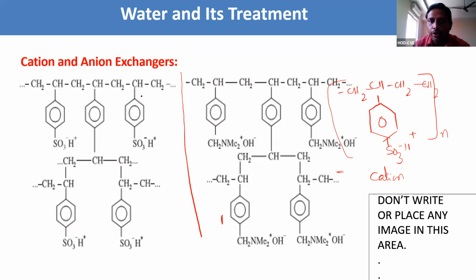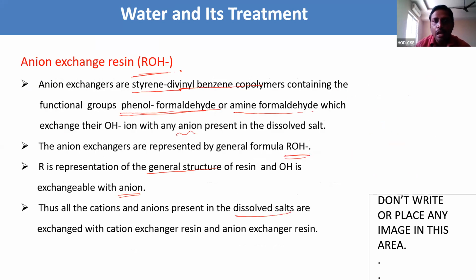Coming to the anion exchange resin, here it is also phenol formaldehyde. Styrene divinyl benzene containing phenyl formaldehyde or amine formaldehyde functional groups exchanges their OH minus ions with an anion present in the dissolved salt.